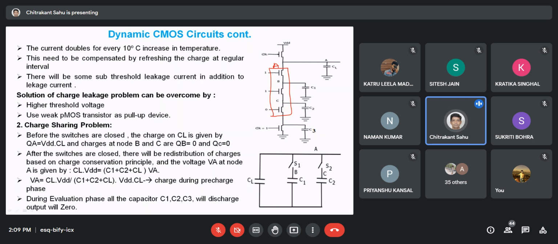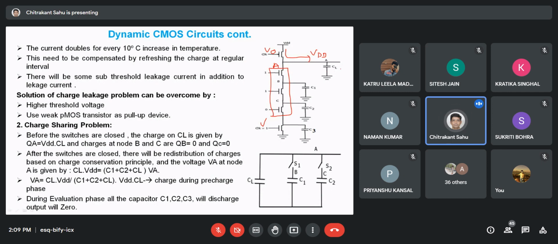We have used a dynamic logic circuit. Here there will be a clock, and here there will be a clock. They are complementary to each other. If the clock is 0, this will become 1. In the pre-charging phase, what will happen? This should be equal to 0, so this will turn the transistor on, and the output will charge to the VDD state.